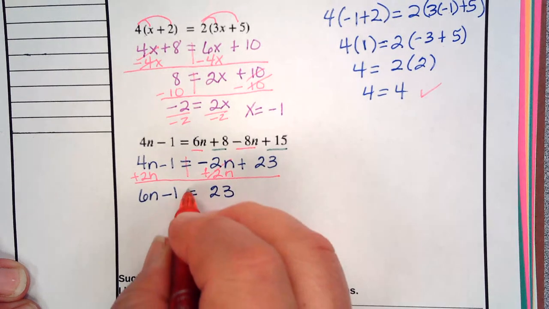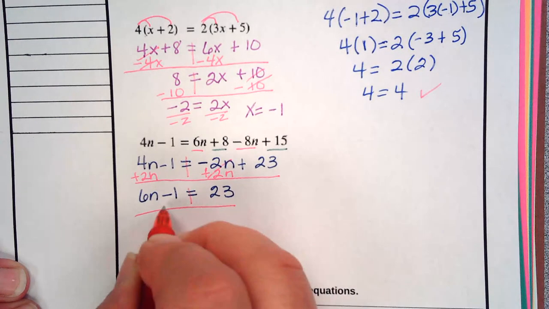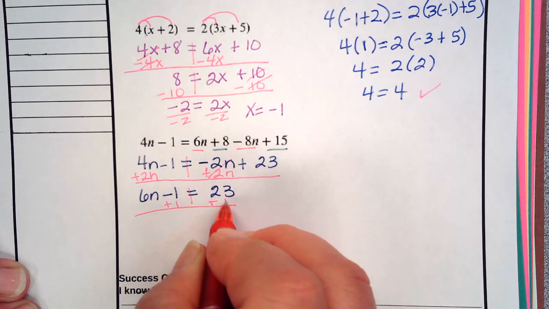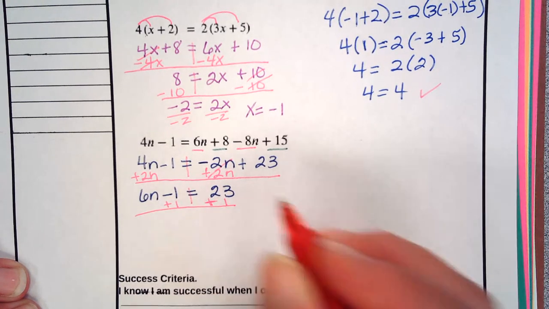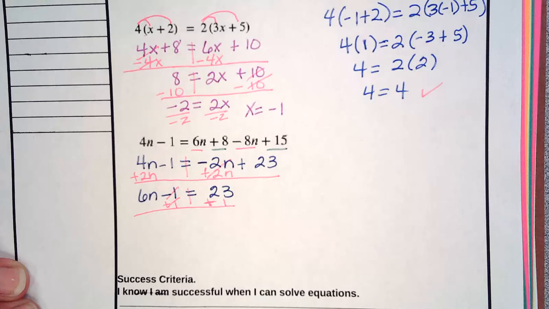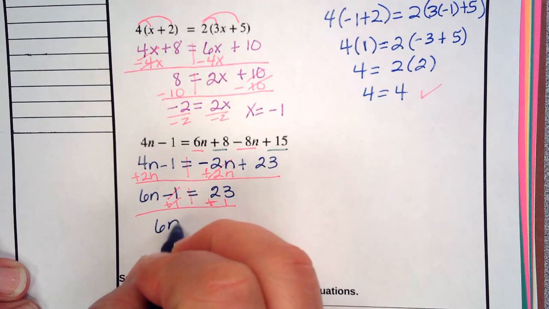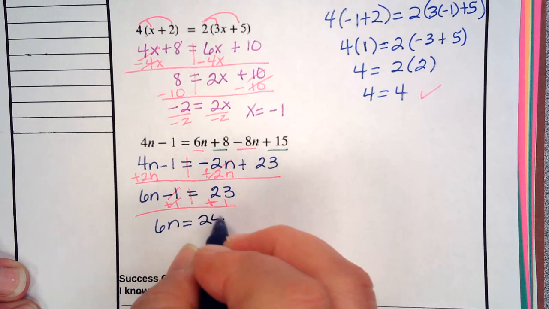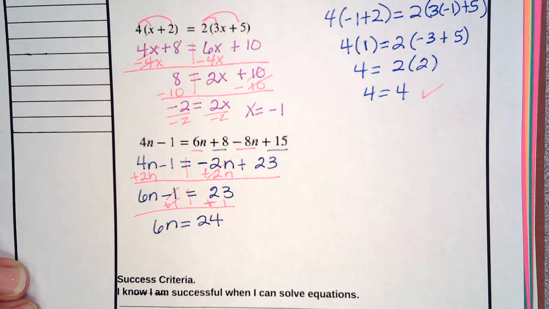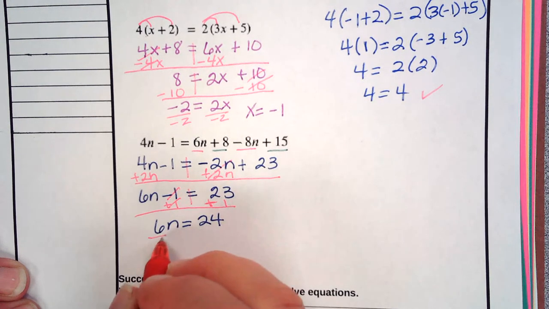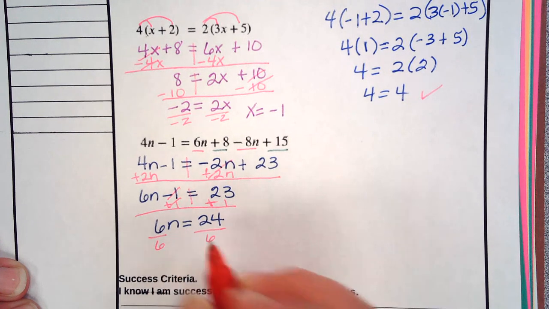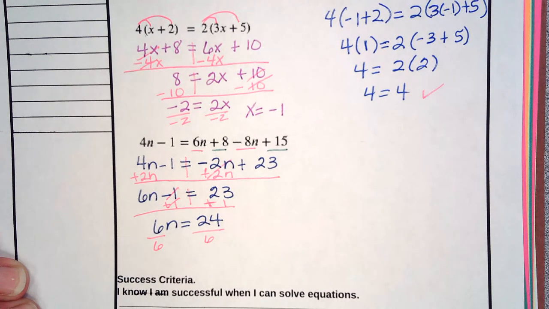Let's go again. I'm going to add 1 to both sides. I've eliminated it here. 6n is equal to 24. Last step is to divide. And n is equal to 4.